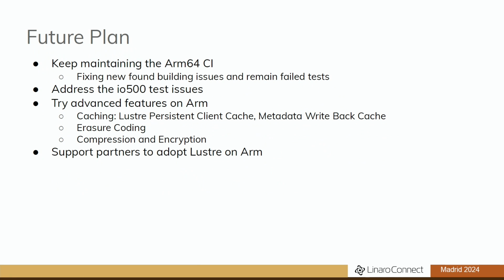First, we will try some advanced, important new features, such as caching on the client side, and on the metadata side they will get a huge performance increase. And also some other important features, such as compression and encryption. We will also continue to support our partners in adopting Lustre on ARM.